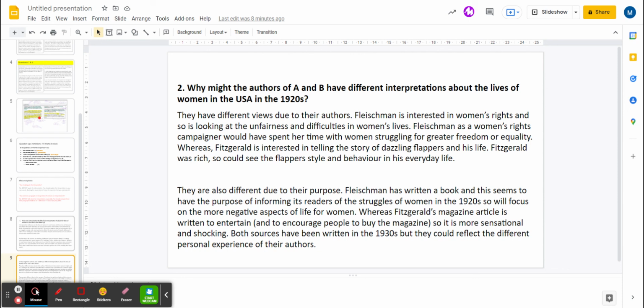We know that both sources are written in the 30s, but they could reflect very different personal experiences of their authors. So, again, same structure, two paragraphs with two reasons why these sources are different, and explanation for both interpretation A and B. And again, this would be a 4 out of 4 answer for question 2.